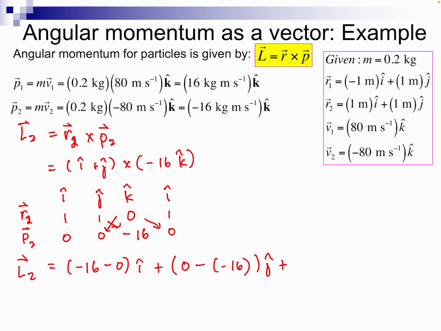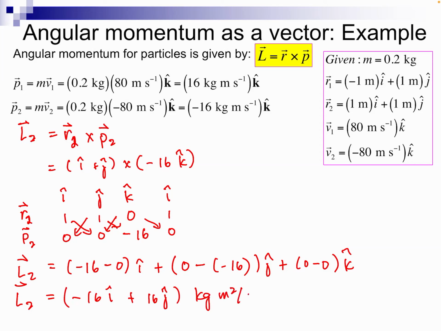For the k hat component, of course, get the determinant between i and j columns. That will be 0 minus 0 k hat. So if you simplify that, you have minus 16 i hat plus 16 j hat, kilogram meter squared per second.